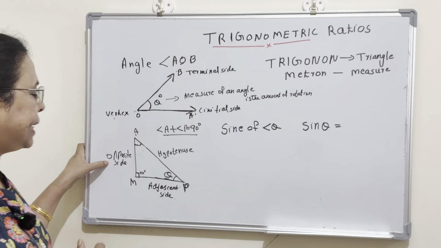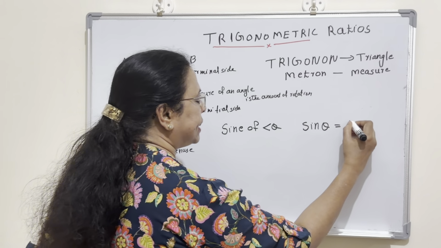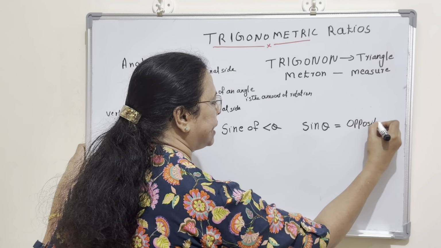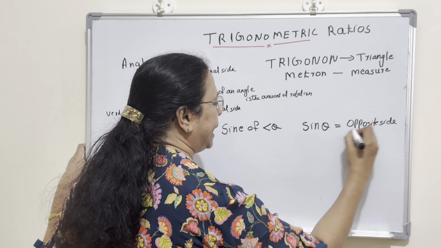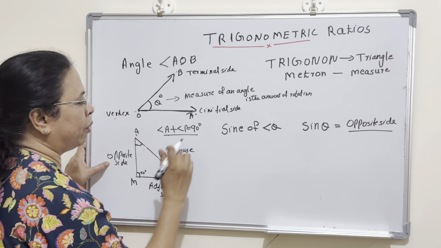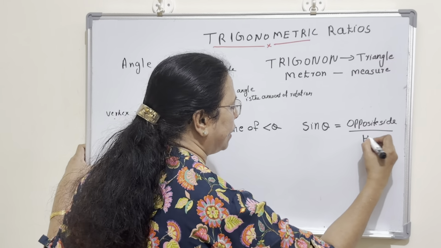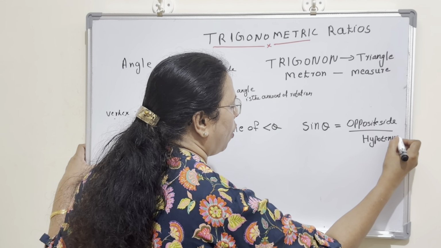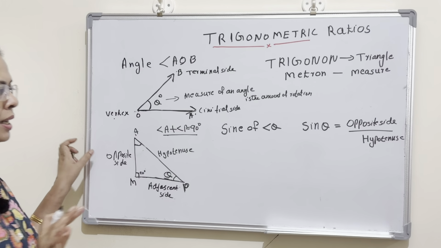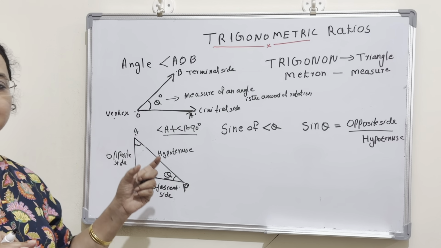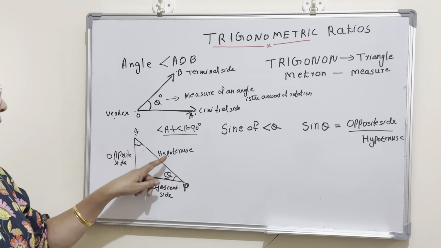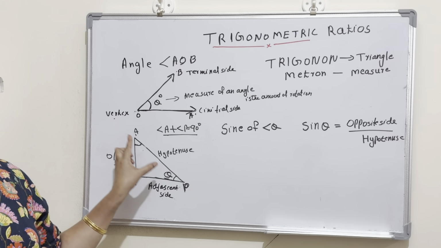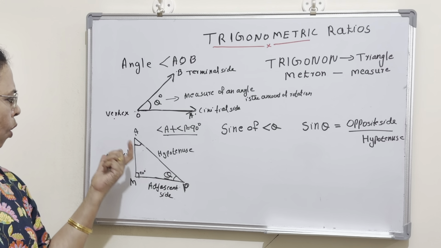So, sin theta I can write as the ratio of the opposite side divided by the hypotenuse. This is called sine of angle theta. So, opposite side by hypotenuse. We are dividing. Ratio means what? The same type of measurement: we are taking the length of the hypotenuse and the length of the opposite side.